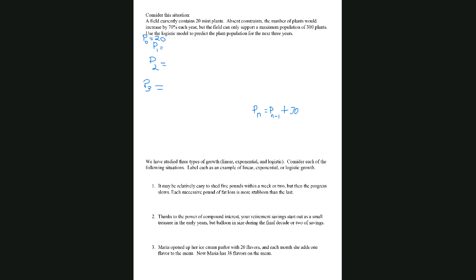Then I'm going to multiply that by 1 minus P sub n minus 1 over the carrying capacity, and that's 300. And then I'm going to multiply that again by P sub n minus 1. So we're going to use this to find P sub 1, P sub 2, and P sub 3.